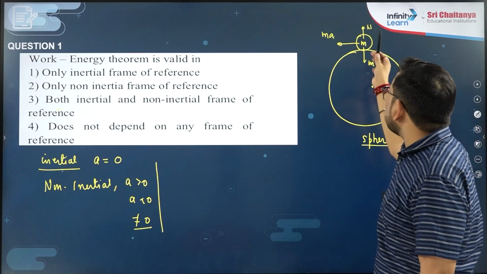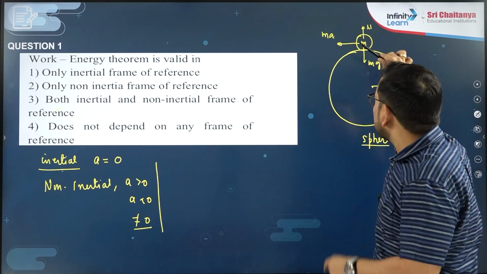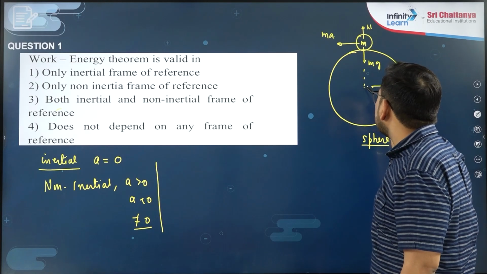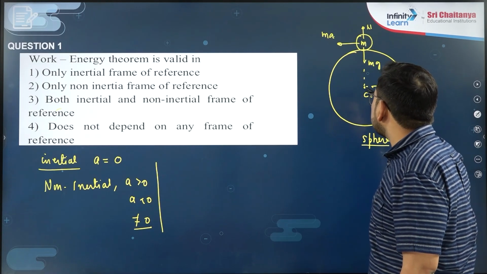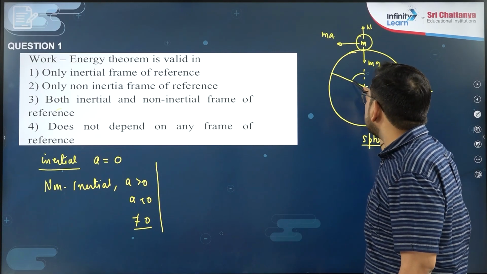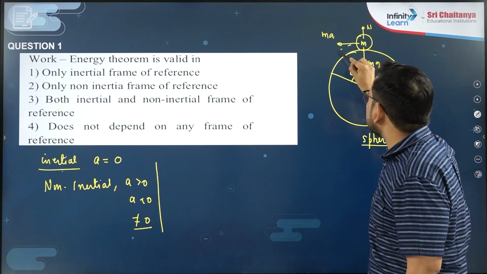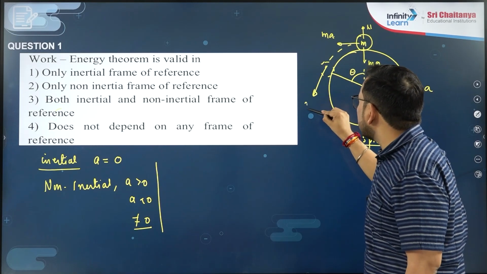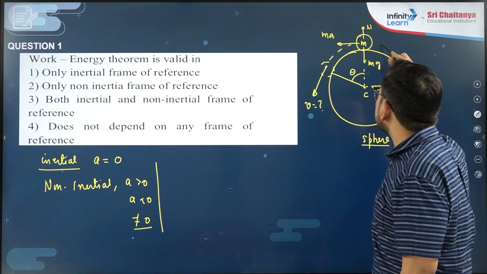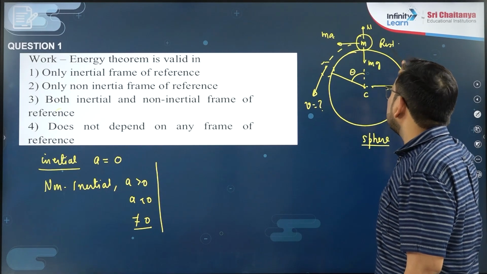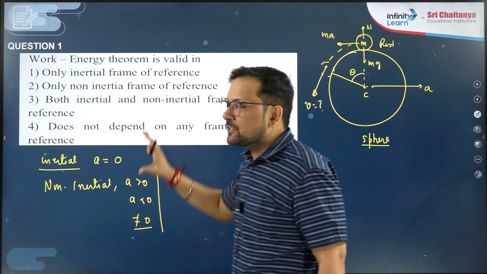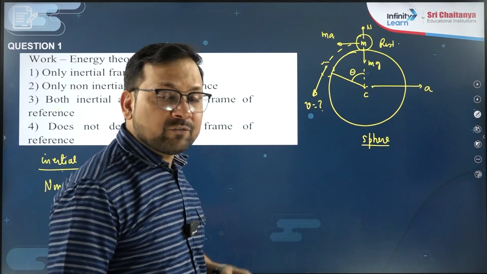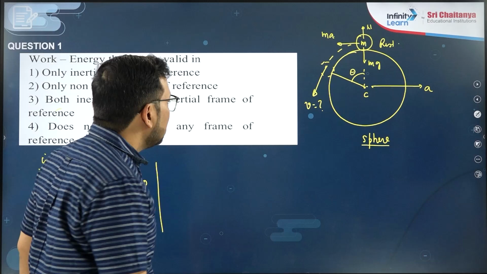Gravity acts in the vertical direction, but the pseudo force will drift it backward, and due to pseudo it will start drifting and come to, let's say, a theta angle. From here I am asking you, what is v here? Initially it was at rest. This is a numerical based on this theory, and finally we will get the answer.